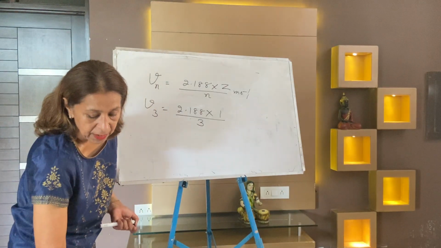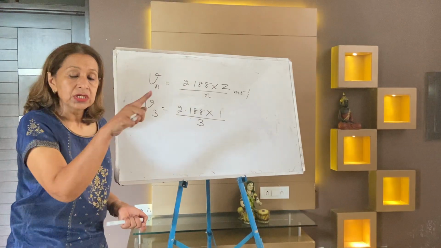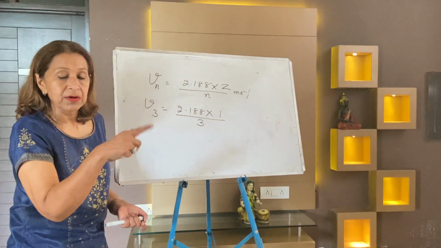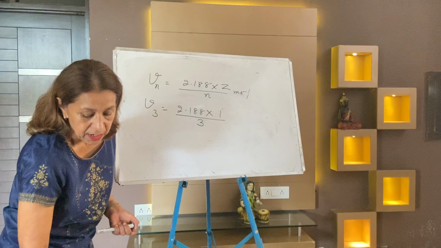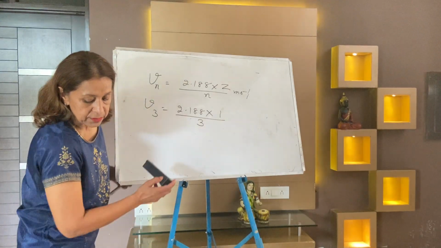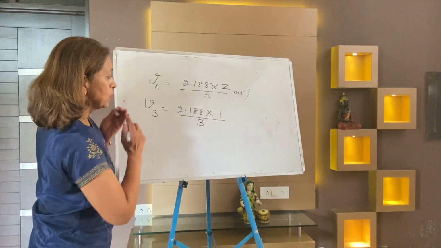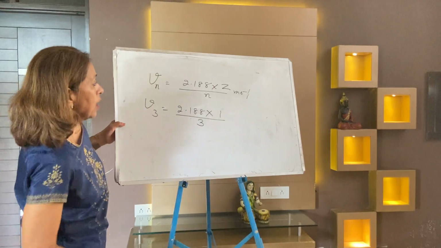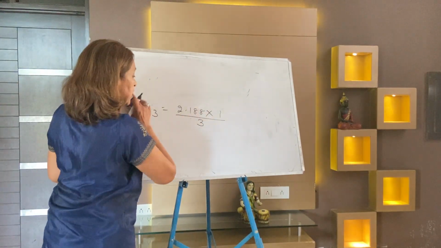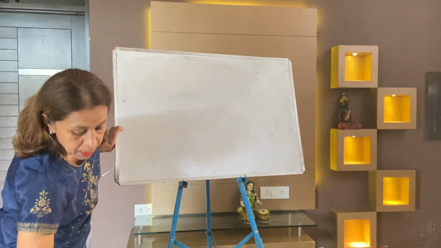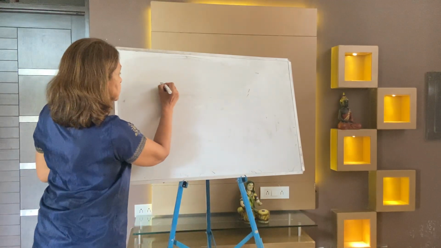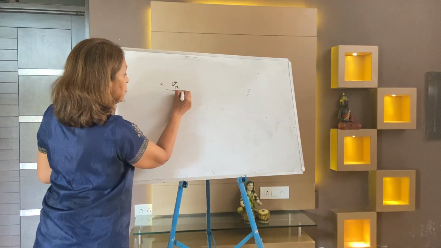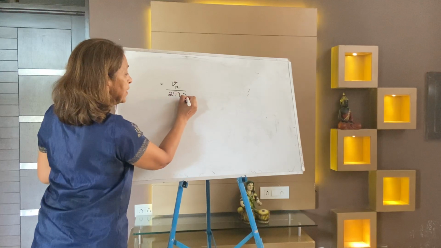Calculate the velocity of the electron in the third orbit. Also calculate the number of revolutions, or how many rotations it undergoes in 1 second around the nucleus. There is a formula: the number of revolutions around the nucleus per second is the velocity of that orbit divided by 2 pi r.